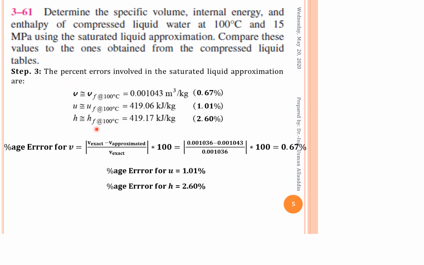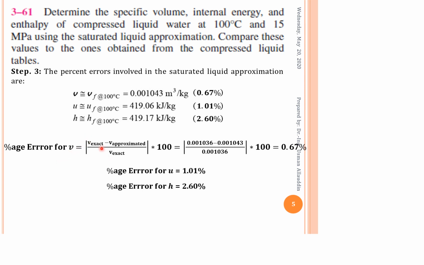So these were the values we obtained from table A4, which were approximate values. So how will we find the percentage error of each value? We are finding the percentage error for V, volume, now.